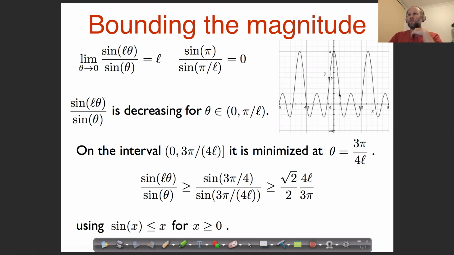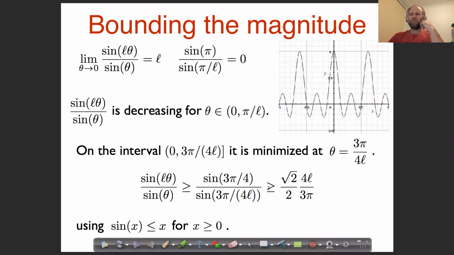In the picture, 3/4 pi over L is maybe something like here, and you see that on this interval, that's where the function is minimized. So we can lower bound this function over this interval just by plugging in theta equals 3 pi over 4L. That's what I've done here.